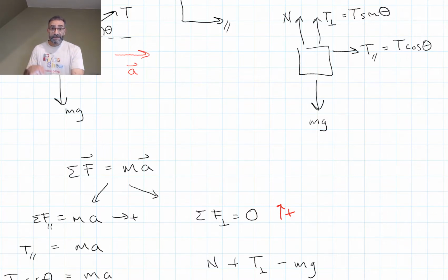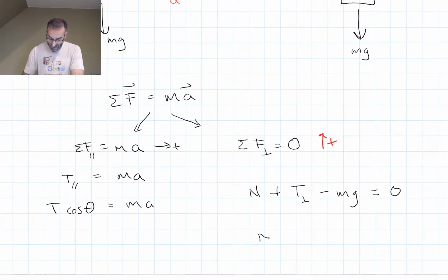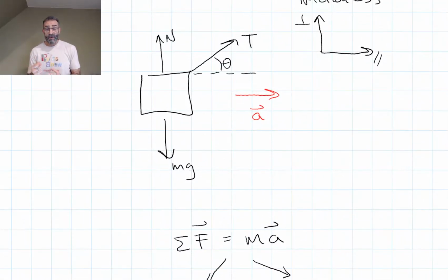The weight of the object, the force of gravity, in the negative direction, and those all have to sum to 0. So my normal force is equal to mg minus T sine theta. That means that the normal force isn't holding up the whole weight of the object.